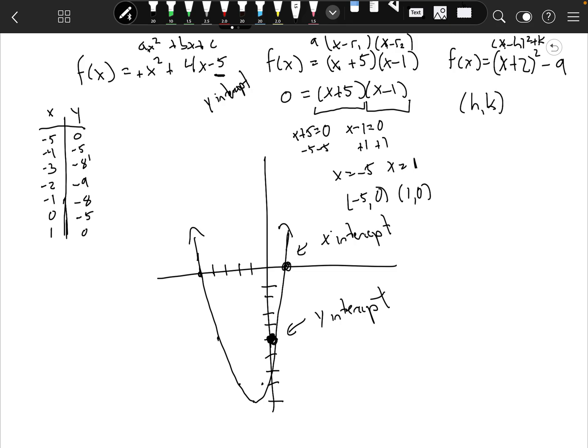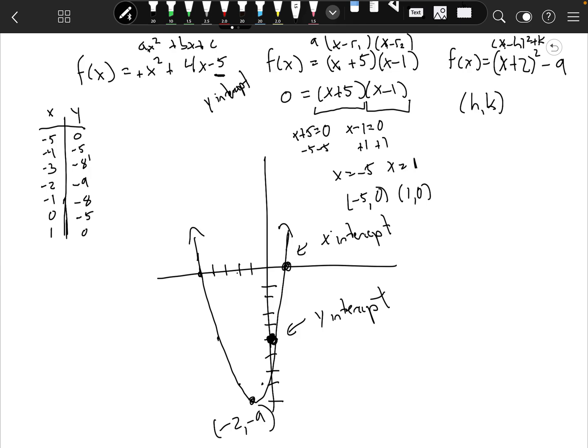So we've got minus 2 and then negative 9. So we go back 2 and down 9, minus 2, negative 9, and there you have the vertex.